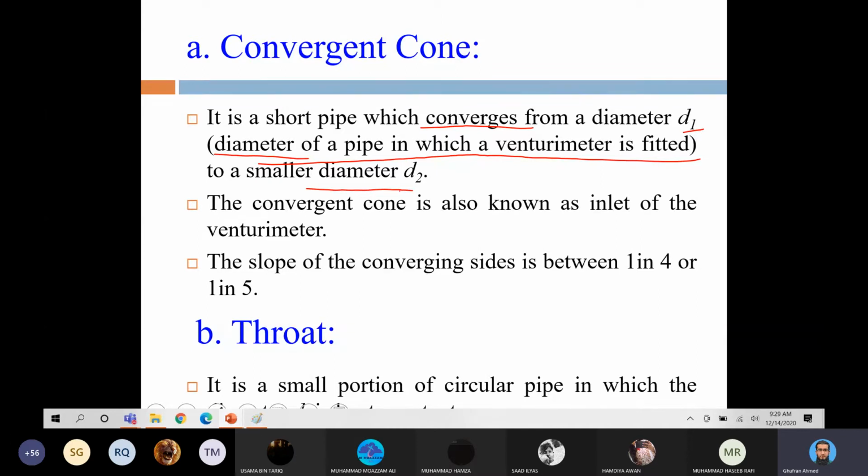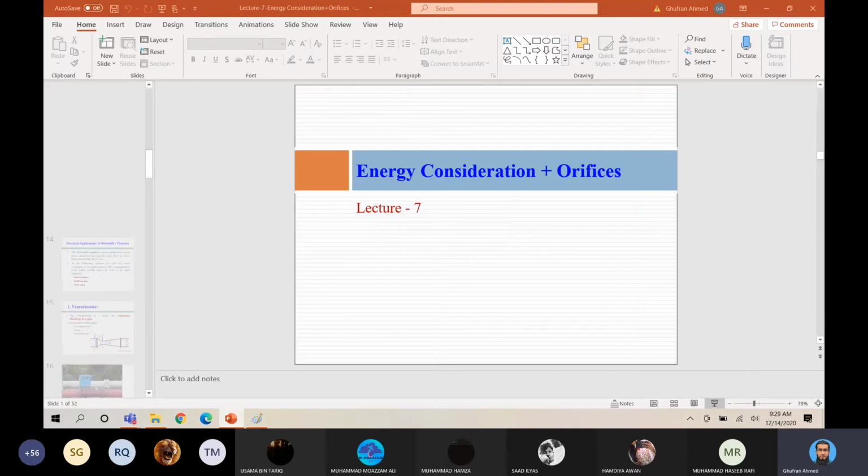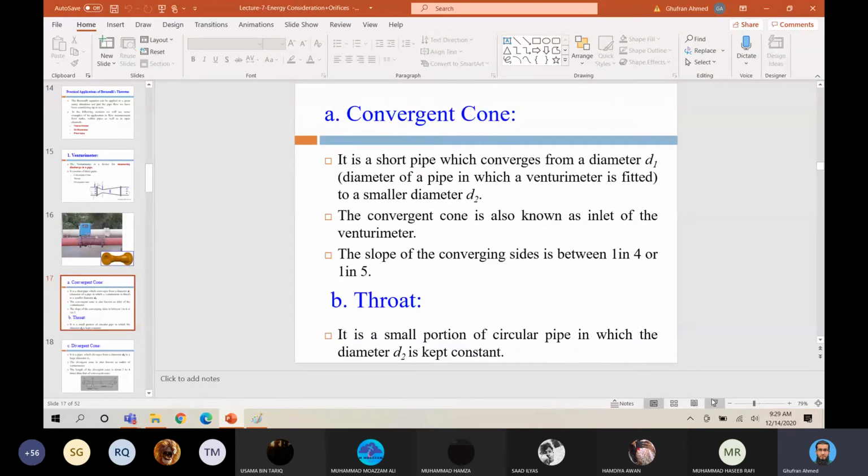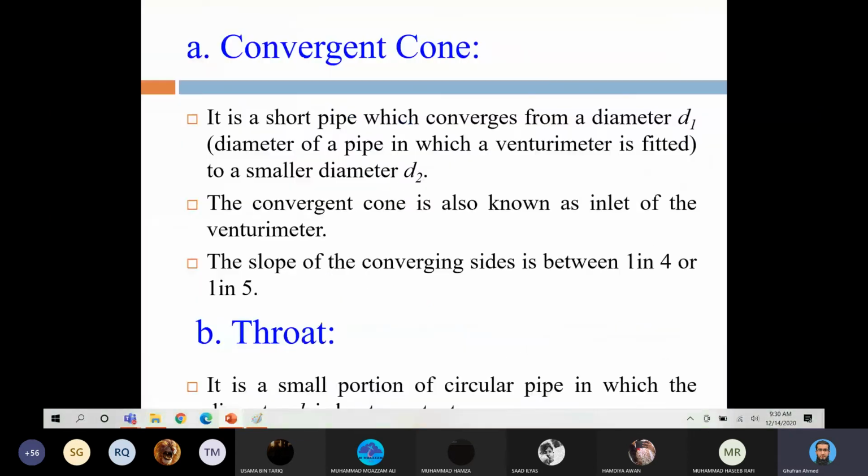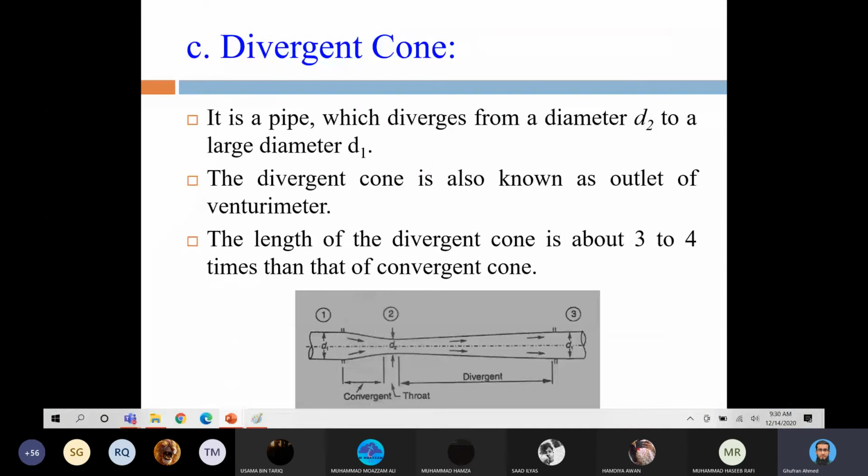The next part is the throat. After the convergent part, the diameter remains the same for some length. It is a small portion of circular pipe in which the diameter D2 is kept constant. So this is the throat.